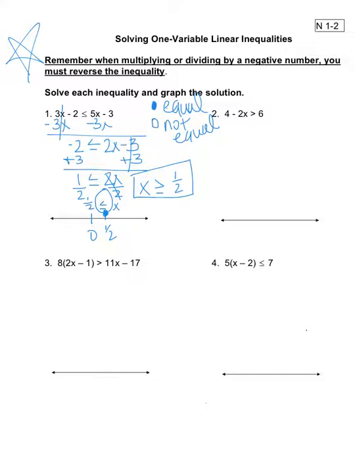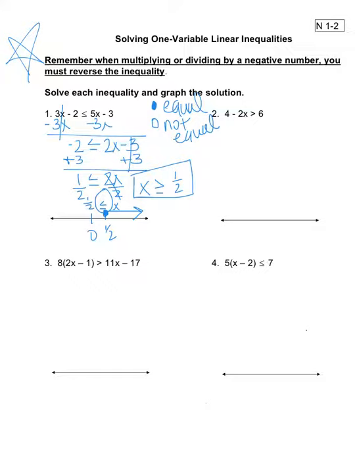So it's everything greater than that, so it'll be an arrow to the right. So that's how I would like you to graph. So to check this, just like yesterday we talked about, you could plug in, make sure it's true. Same thing here. Plug any number in that's greater than or equal to a half in for x, and it should be a true statement.